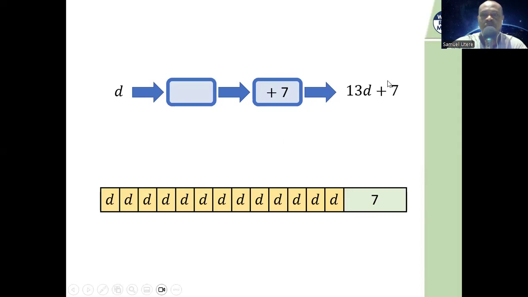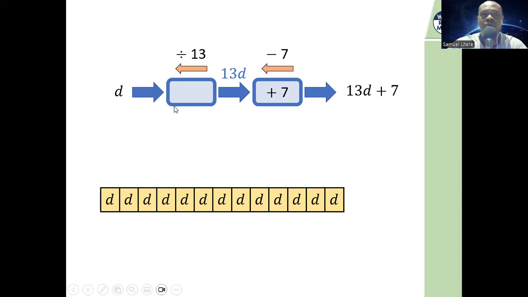Thinking about this, if we represent it as a bar model, this is what it looks like. So 13 lots of D add 7. Now, when we do that, we'll be left with 13D halfway in here. So what do you think would have happened now that you have 13D to get D? Of course, it's going to be to divide by 13.